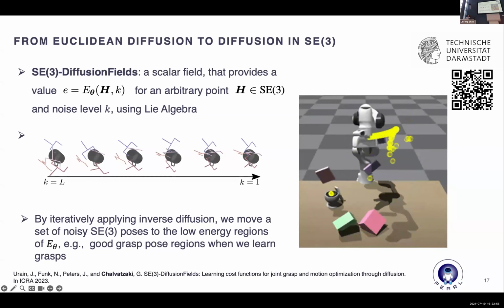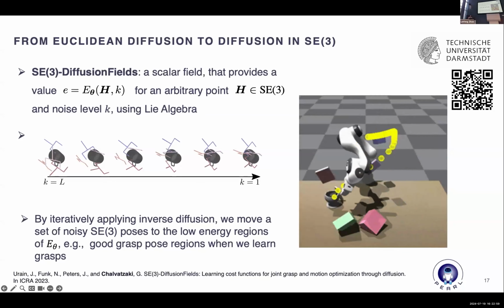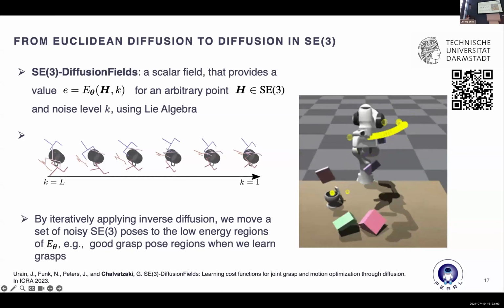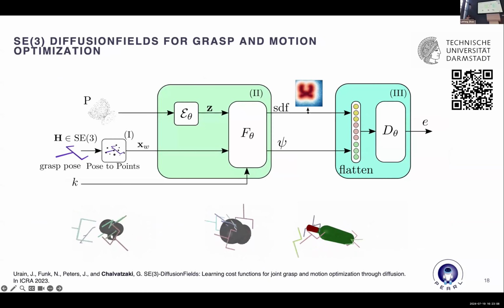And what is interesting, and you will see in a while, is that we can leverage these ideas of combining different objectives in order to do gradient-based optimization through diffusion. So this is the model that we use. It's quite simple. We need a point cloud representation of an object.